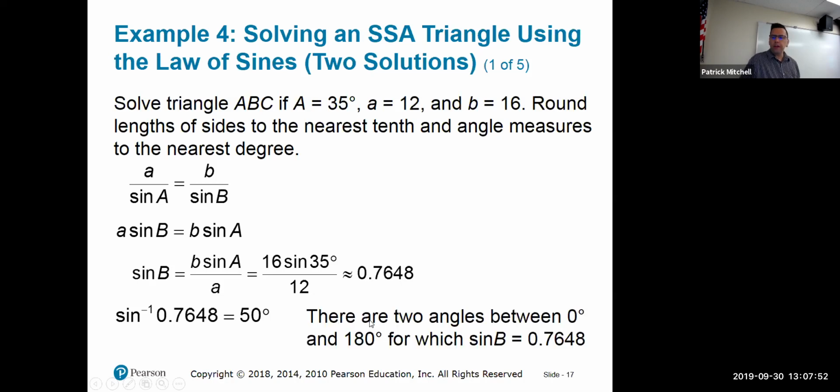There are 2 angles between 0 and 180 degrees for which sine B is equal to 0.7648. One of them is 50 degrees. And the other one will be the supplement of 50 degrees, which is 180 minus 50.